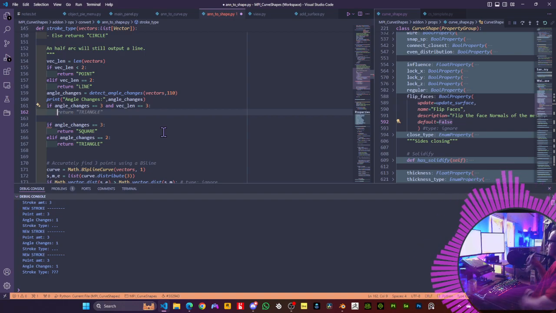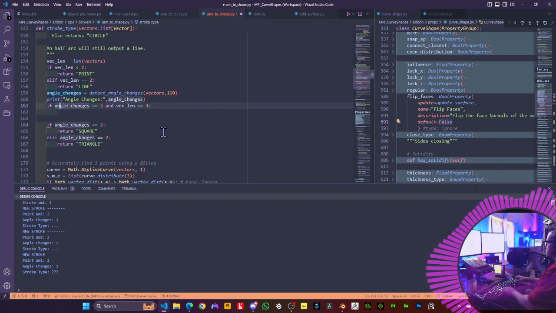Not a triangle. It's just 1 angle change, by the way.